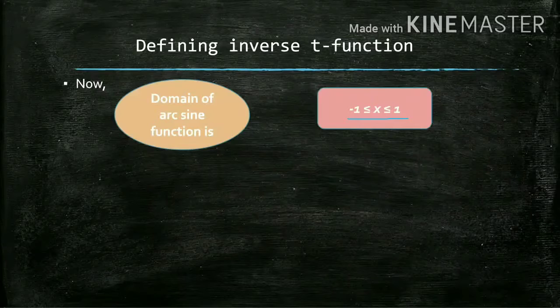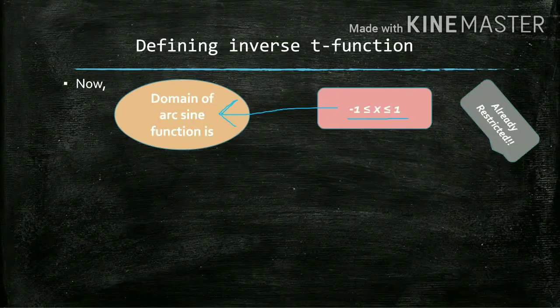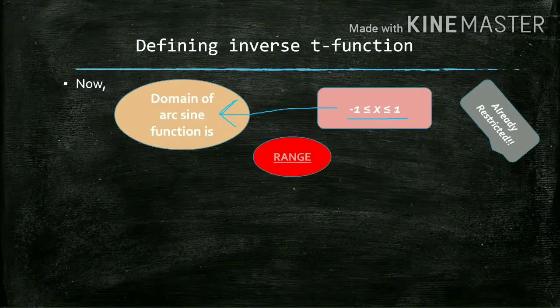This is the domain of the sine inverse function. It is already restricted. That means it is already limited in a particular interval only. So we can't impose the restrictions on the domain. So what is left with us? The range. So we'll restrict the range then.